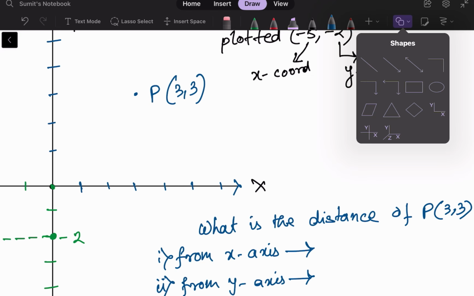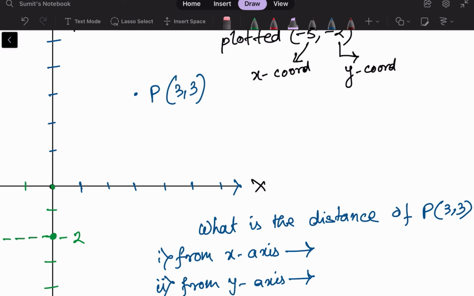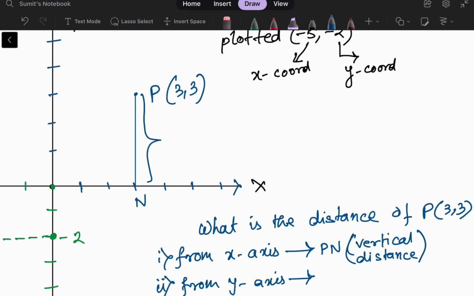For that, drop a perpendicular from P on the x-axis. That is the distance from the x-axis, PN, and it is called the vertical distance.